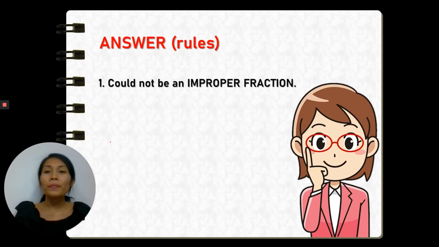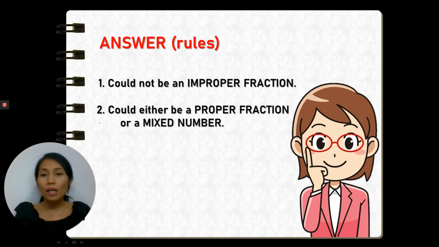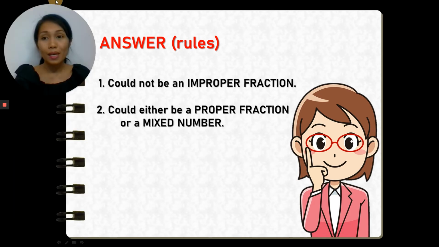All right. Now the second rule is your answer could either be a proper fraction or a mixed number. As I've said, if your answer is a proper fraction, then that's correct. But if it's improper, you need to convert it to a mixed number, okay?